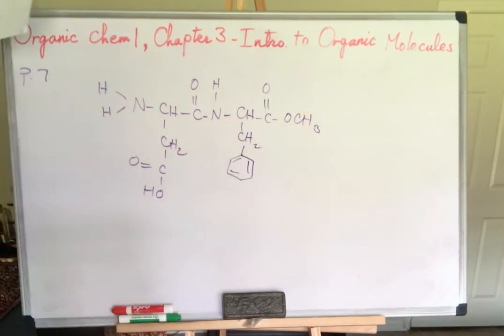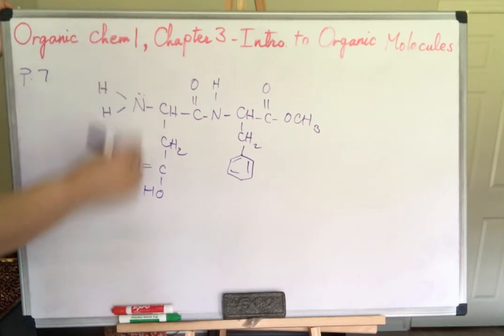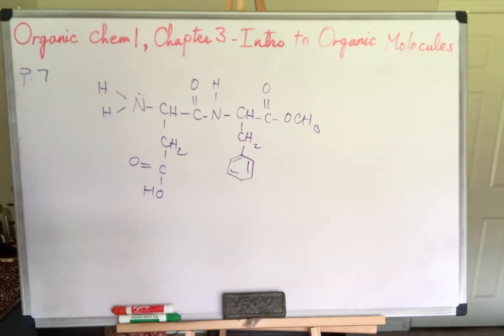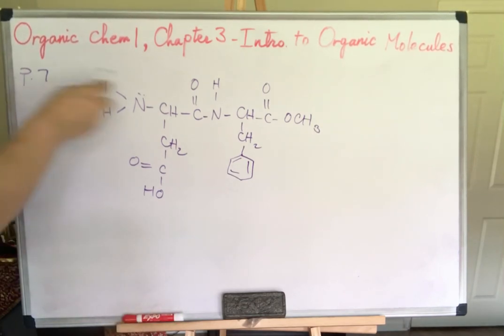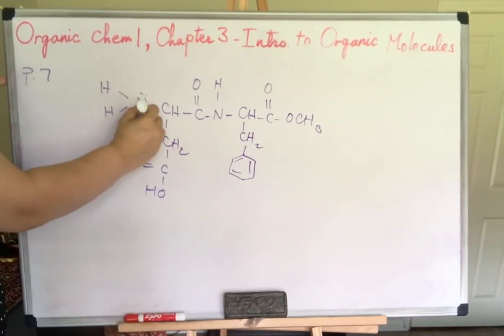What the question is asking: identify amines, amides, and sp3 carbons as primary, secondary, or tertiary. First of all, this first one, when you have a combination of carbon and nitrogen, is an amine, right?